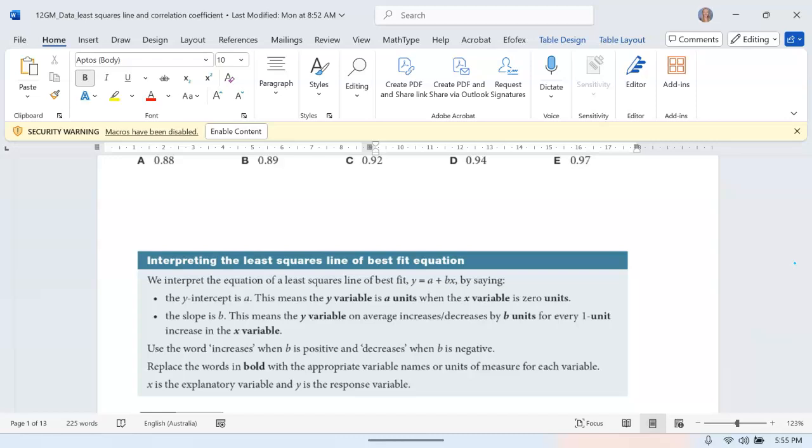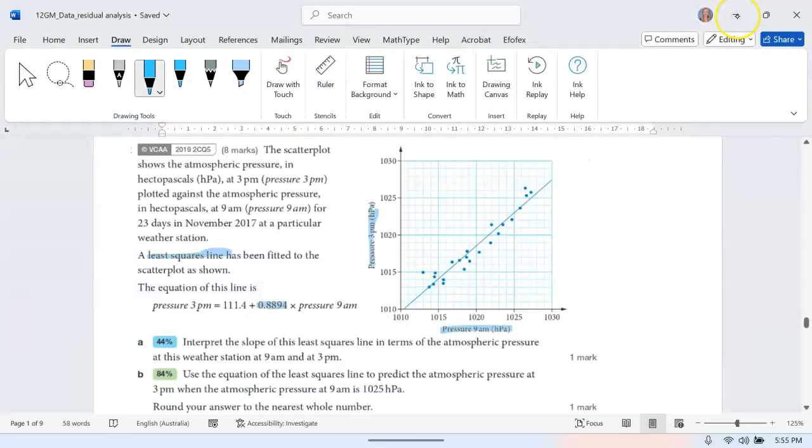The slope is whatever. This means the y variable, our response variable, on average increases or decreases, so you have to see whether it's a negative or a positive slope, by B units for every 1 unit increase in the X variable. I don't have to keep flicking back and forth, so I'm going to do my best to remember that sentence.